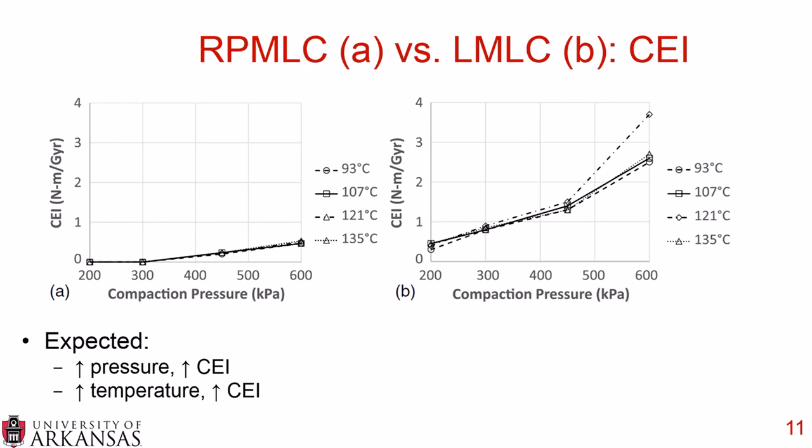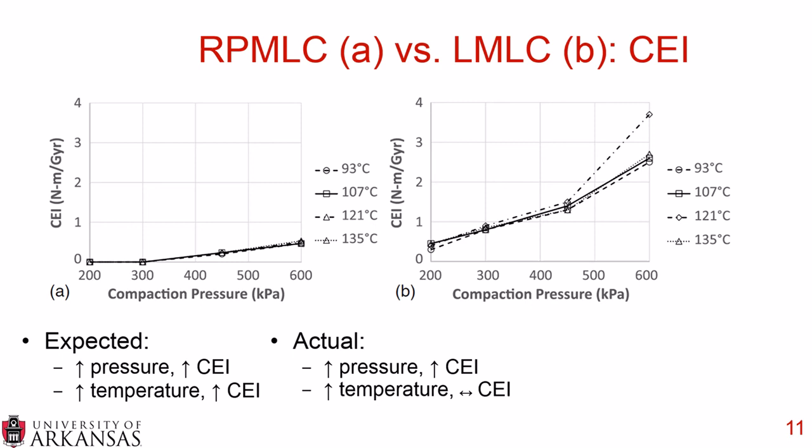And as expected, as the pressure increased, the CEI increased. And as the temperature increased, we expected to see the CEI increase. But again, that's not quite what we saw. With the pressure, we saw an increase of CEI, but with the temperature, we really didn't see that increase in CEI as the temperature increased.